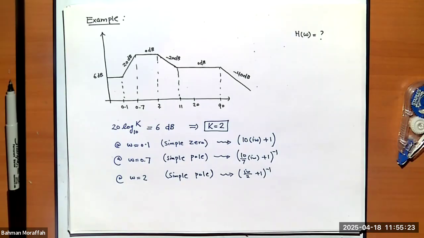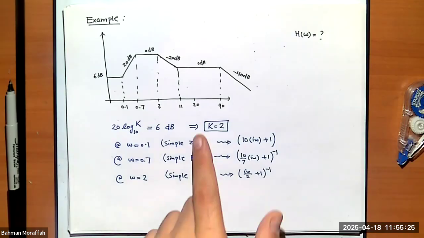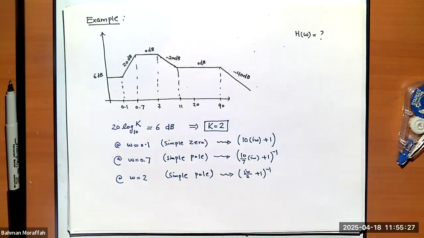Again, life is pretty good till I hit this 11. Going down by 20, then it becomes flat. I must have had something that was going up by 20. Right? What does that tell me about 11? It must be a 0. And since it was going by 20 and it became flat, it's just a simple 0.